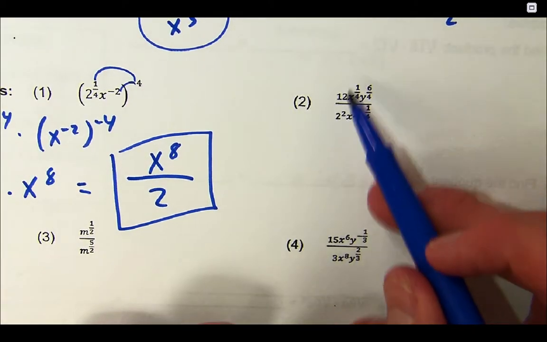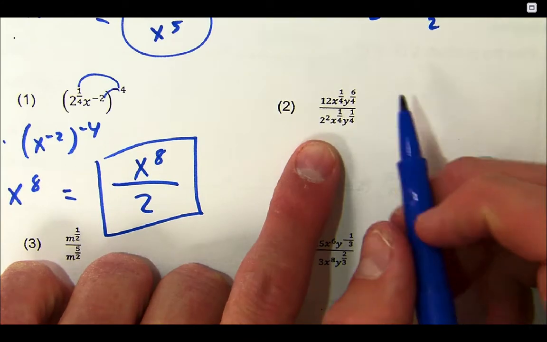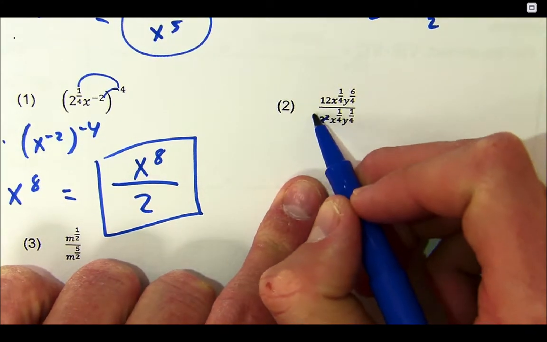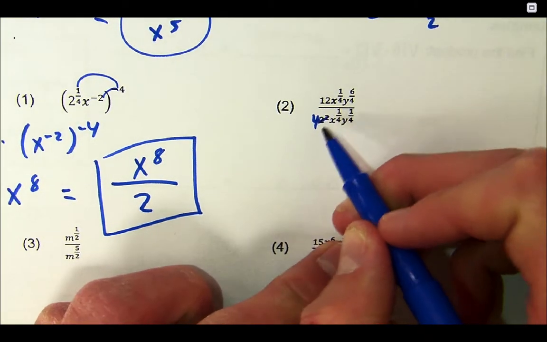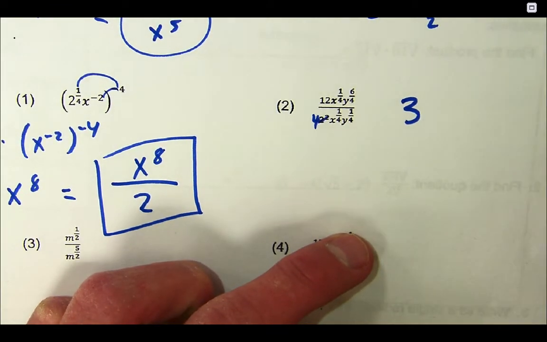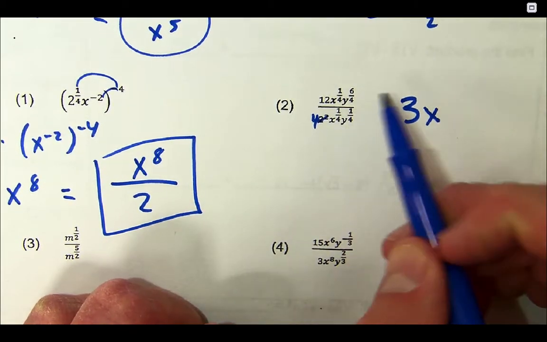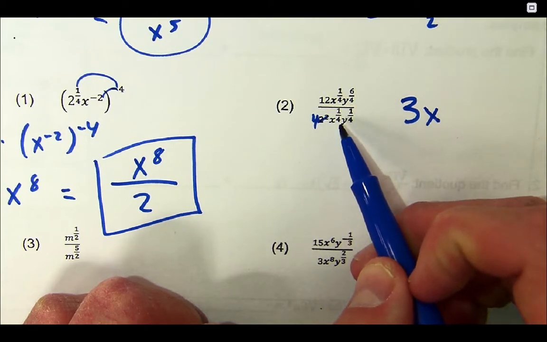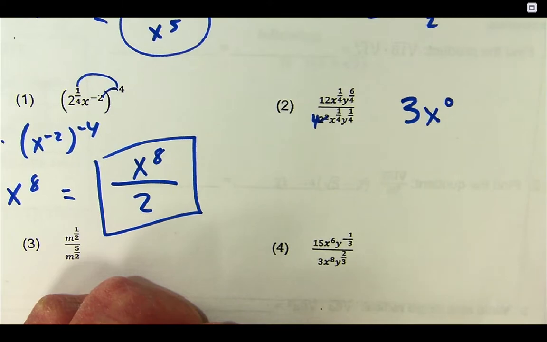Number 2, 12 divided by 2 squared. Well, 2 squared is 4, so I can think of this 2 squared as 4. That's what that number is hiding really down there. So 12 divided by 4 is 3. Now let's take a look at what my x's are. I subtract, and if I do 1/4 minus 1/4, well, 1/4 minus 1/4 is 0.